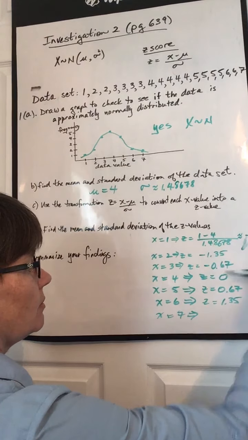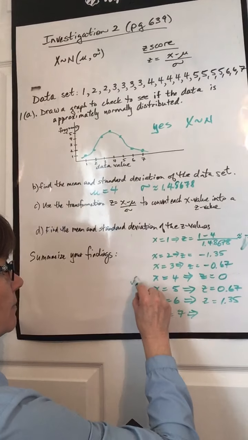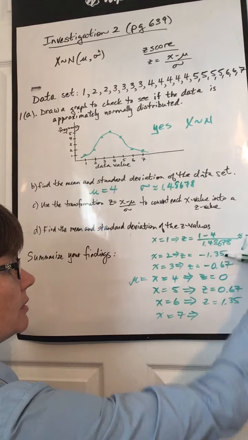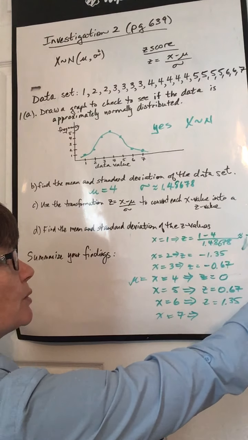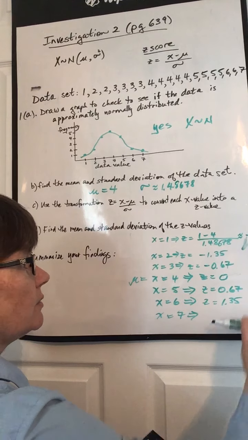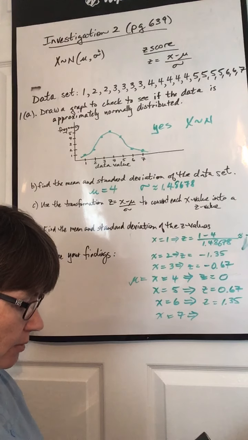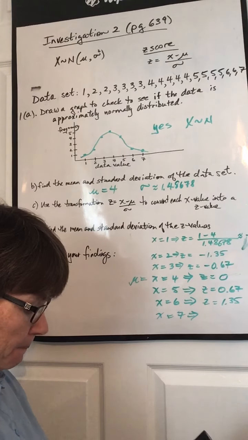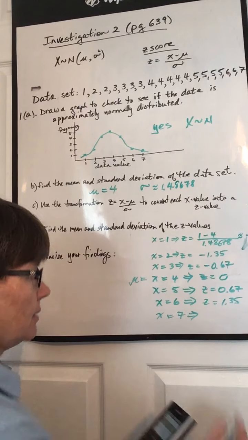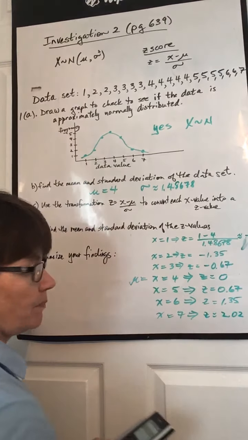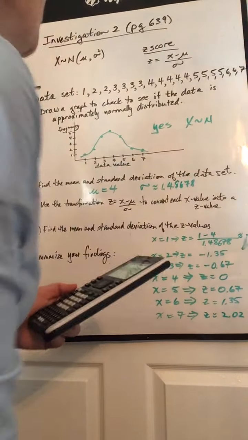There's our 0, which the mean was 4. These two are symmetrical, these two are symmetrical, so you can probably predict that this answer will be positive 2.02. But 7 subtract 4 is 3, divided by 1.48678 is indeed positive 2.02.